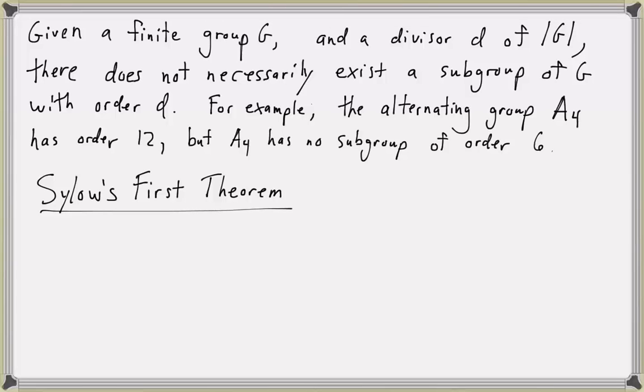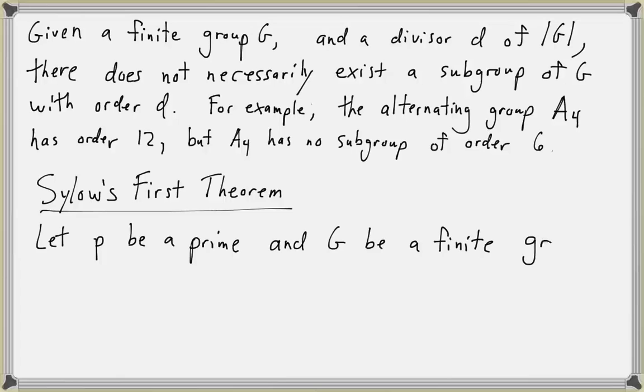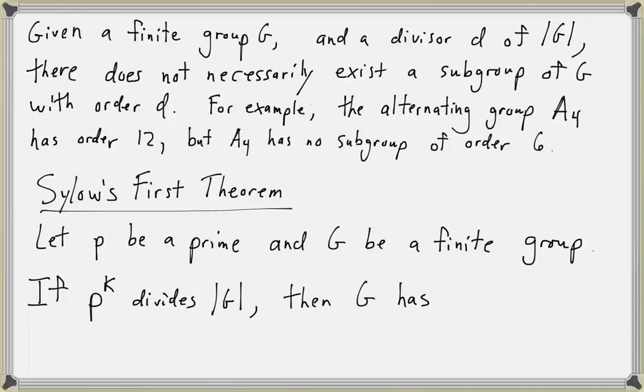Sylow's first theorem says that let P be a prime and let G be a finite group, then if a prime power of P, so if P to the power K divides the order of G, then it is true that G has a subgroup of order P to the K.